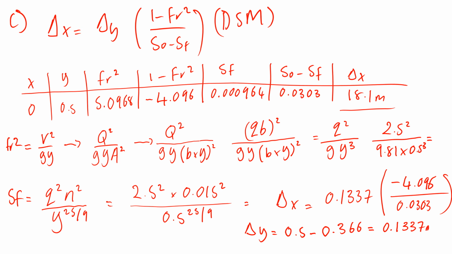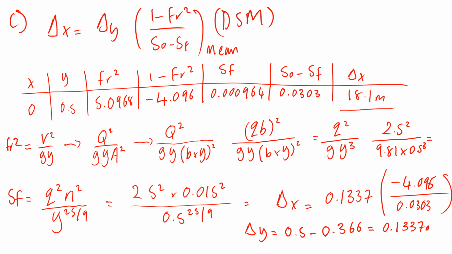Now, when I was looking at the mark scheme for the 2014 paper, I noticed an error with this question. I think on the solution it says 83. So that's incorrect. I think there's an error, or it's a typo. But the correct answer is 18.1 meters. Again, you can do this question using the direct step method by taking the mean.